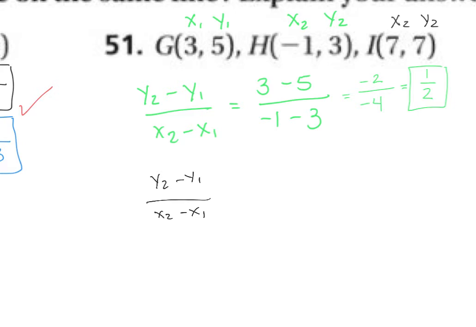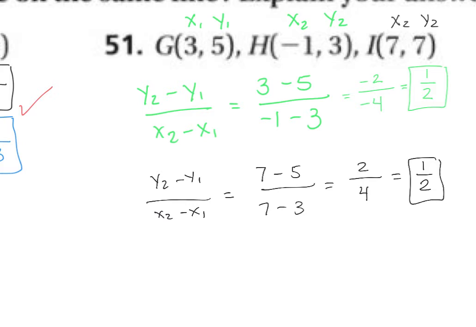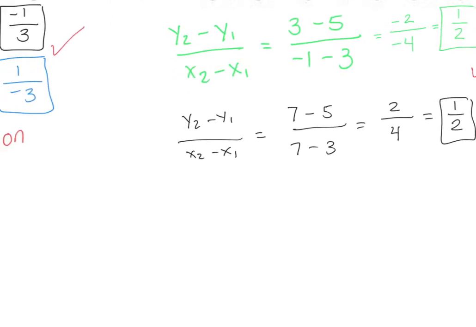Our x1 and y1 is going to stay the same, which is just G, but now our x2 and y2 are going to be I. So we've got 7 minus 5 over 7 minus 3. 7 minus 5 is 2 over 7 minus 3 is 4. 2 over 4 is the same as 1/2. Are these slopes the same? Yep. Therefore, G, H, and I lie on the same line as well.